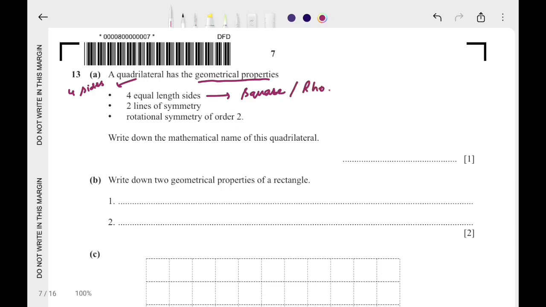We have to select one of these two shapes. 2 lines of symmetry: a square cannot be, because there are 4 lines of symmetry in a square. Now, rotational symmetry of order 2: a square cannot be, because the rotational symmetry of a square is order 4. So rhombus is left. So the right answer is rhombus.